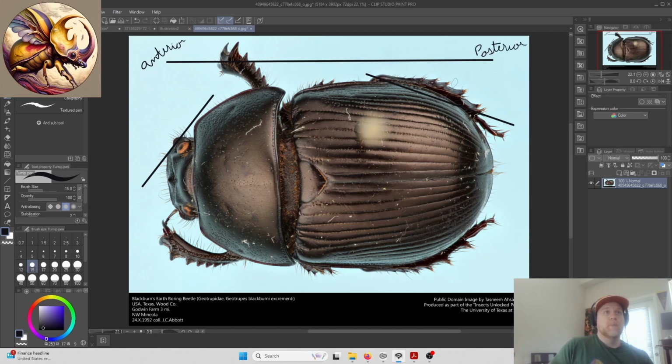If you're going from close to the center of the body to the far tip of the leg, this would be the medial end. And this would be the distal end, or the apical. And then the top of the body is the dorsum. And the bottom, the stomach of the body, is the venter.